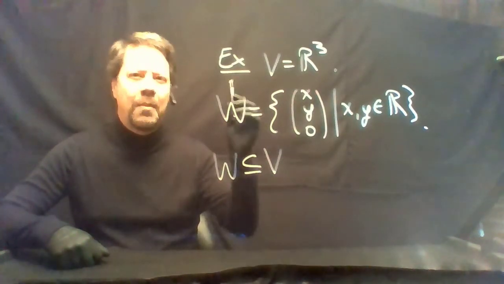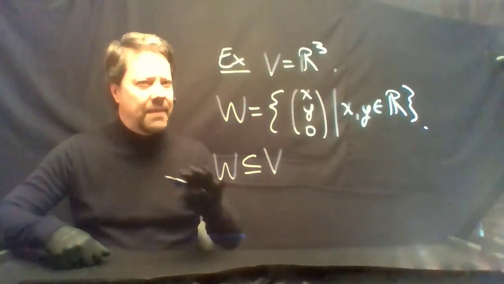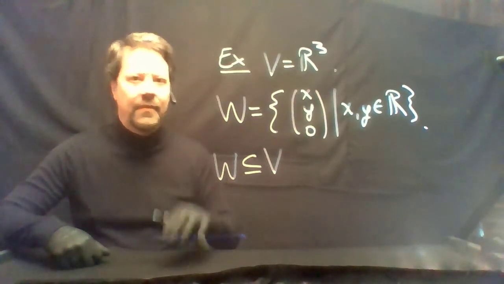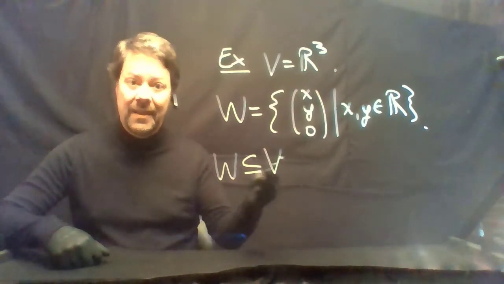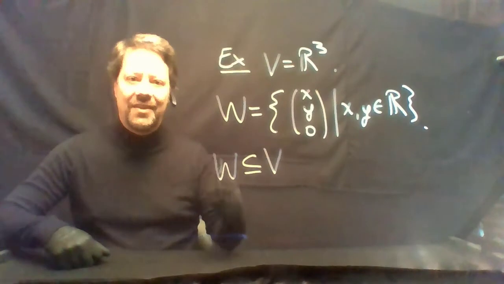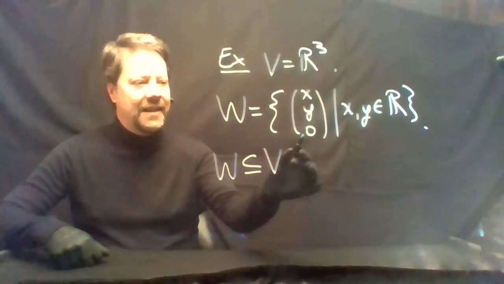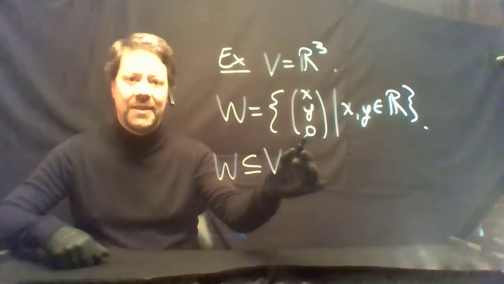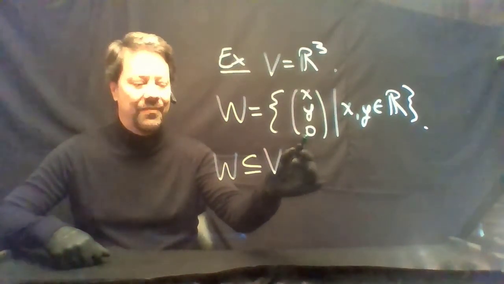It inherits most of the properties of a vector space, except for 4. It's possible that it's not closed. Is this closed under addition and scalar multiplication? The defining characteristic of this subset is that the third coordinate is 0.